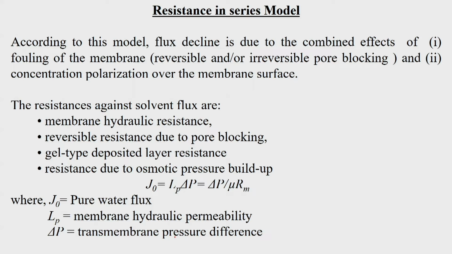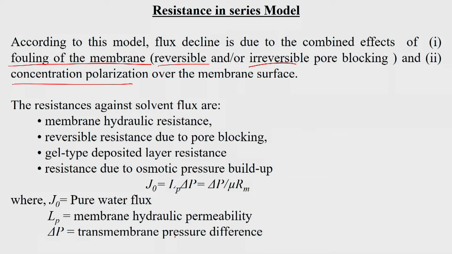According to the resistance in series model, the flux decline is due to the combined effect of fouling of the membrane, which may be reversible or irreversible, and concentration polarization over the membrane surface.